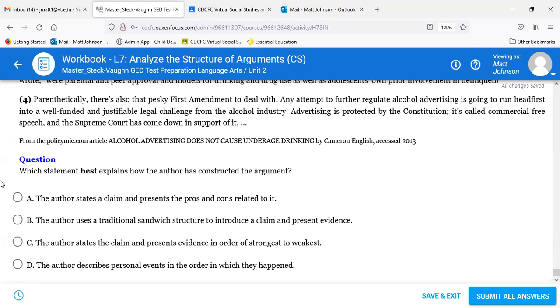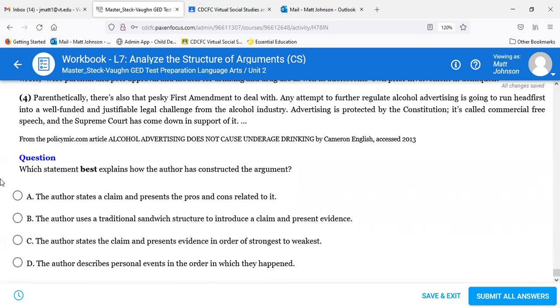And then our last question here, 12. How about Tracy? You want to finish here? Number 12. Yes, which statement best explains how the author has constructed the argument? A, the author states a claim and presents the pros and cons related to it. B, the author uses a traditional language structure to introduce a claim and present evidence.